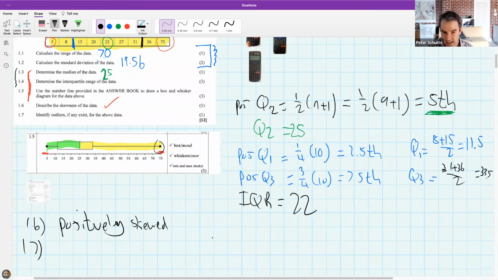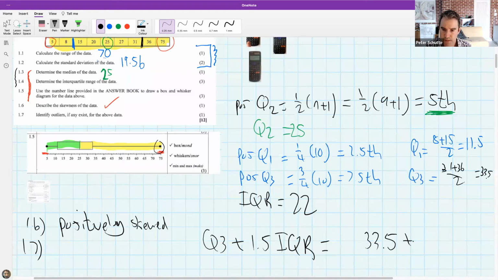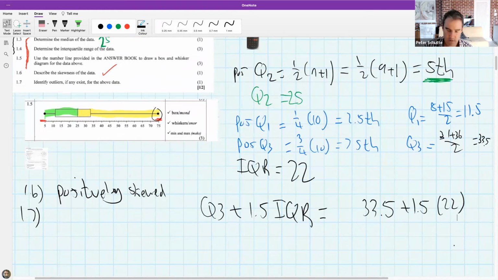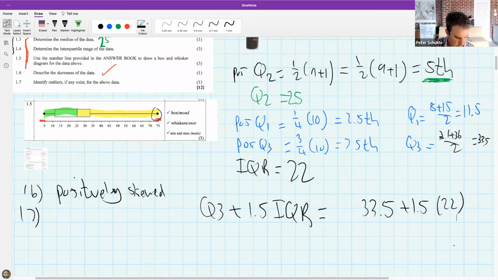Well, the way I would check that is I would say, what is Q3 plus 1.5 times the interquartile range? And we know that Q3 was 33.5, and then plus 1.5 times 22. So what number is that? Let's see. So the upper boundary, no, that does look like an outlier to me.